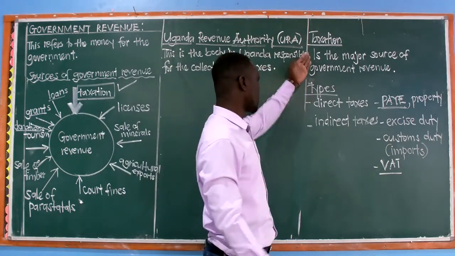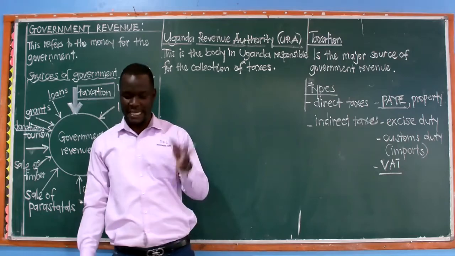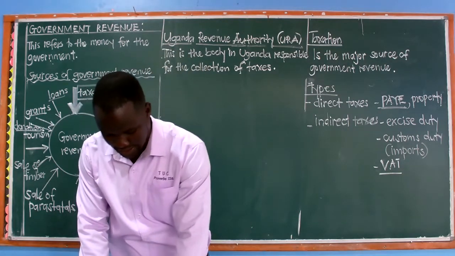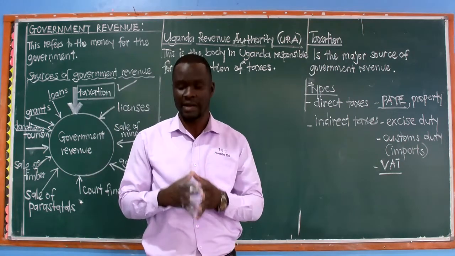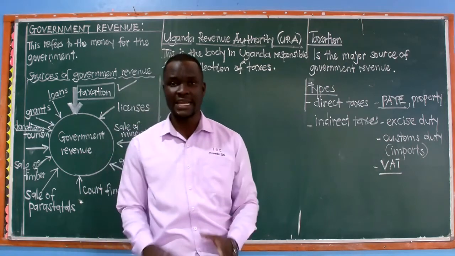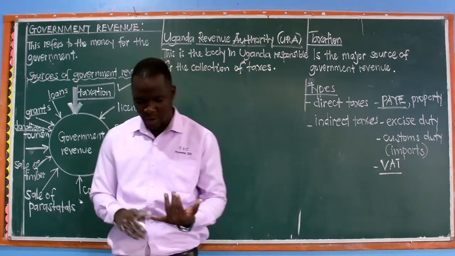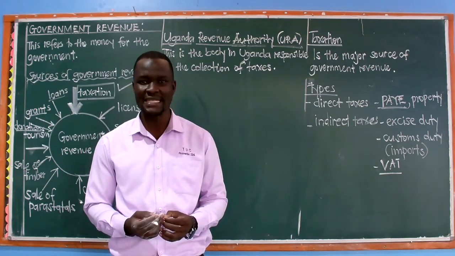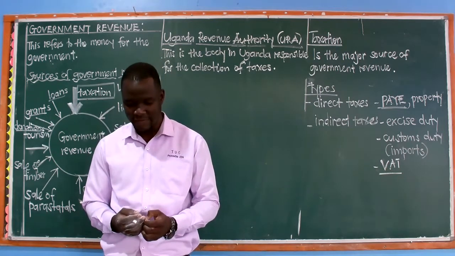These taxes we have talked about, whether direct, indirect, all of them are supposed to be collected by the URA. So we have the duties. What does the URA do? Number one, to collect taxes from the people. Of course, that is the main duty of the Uganda Revenue Authority.